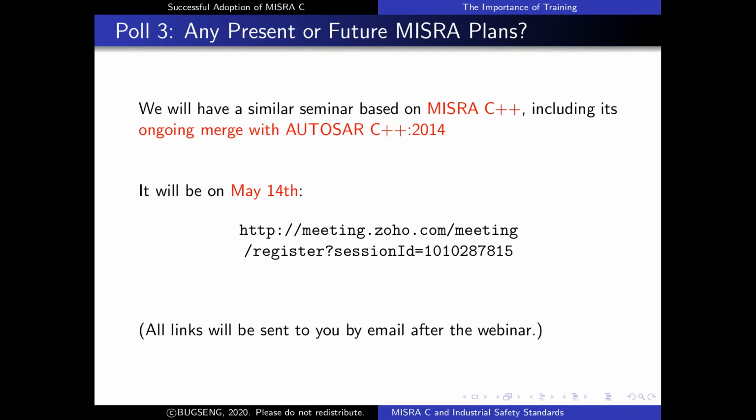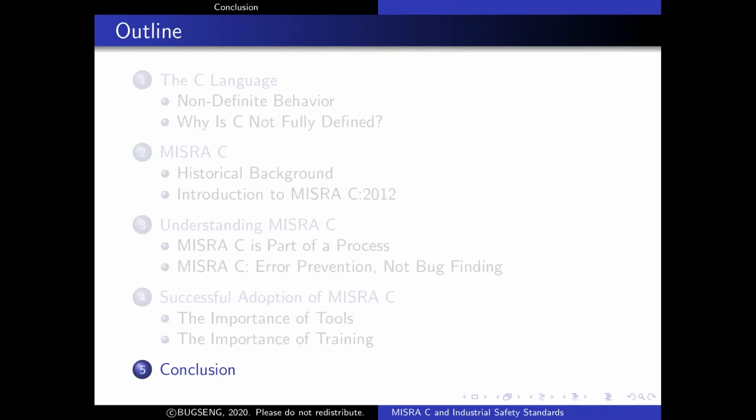For those who have chosen no, maybe for your organization MISRA C is too much. So please consider the adoption of BARR C 2018. In the post-webinar mailing, you will receive the link of a webinar we did on BARR C 2018, which you can watch in order to understand whether BARR C might be the option for your organization.